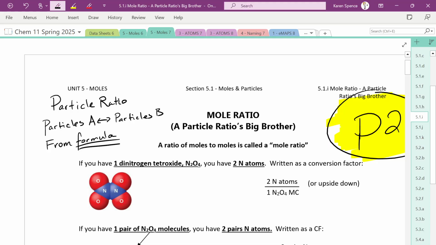So it's going to be different every time. So it's not like I can write down the particle ratio. There is a different particle ratio for every compound.